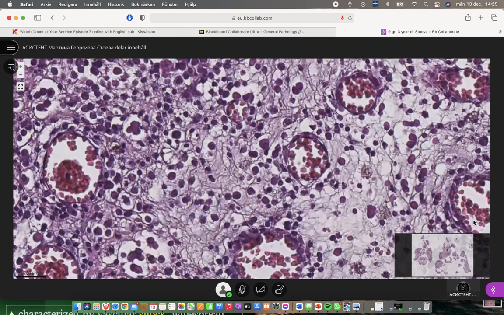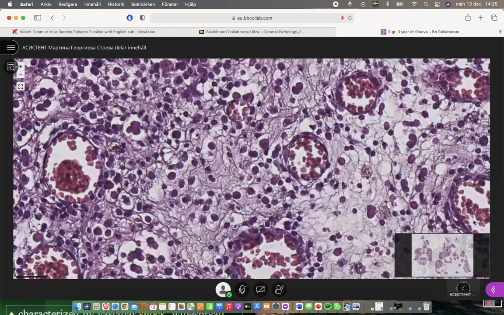For granulation tissue, as I mentioned several times, usually it's formed in the middle stage between acute and chronic inflammation, or in the healing stage of infections or wounds.